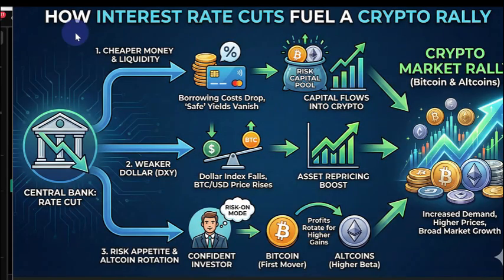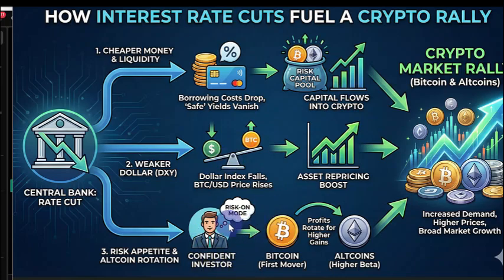And we said usually when the Fed cuts the rate, we usually see cheaper money and liquidity, weaker dollar, and risk appetite for altcoin rotation. So usually that also means borrowing costs dropping down, the dollar drops, and investor confidence increases.